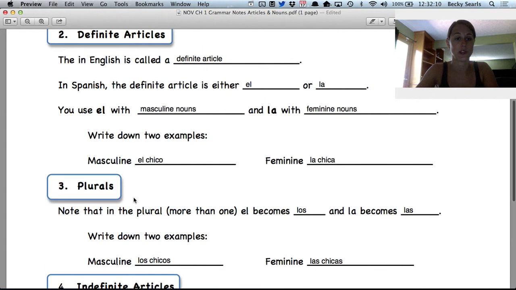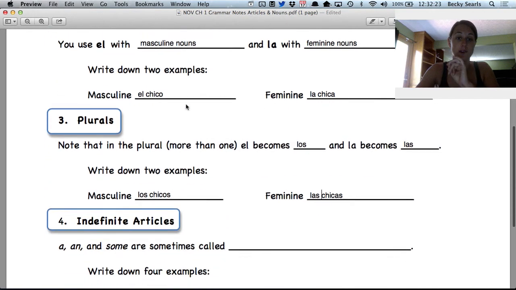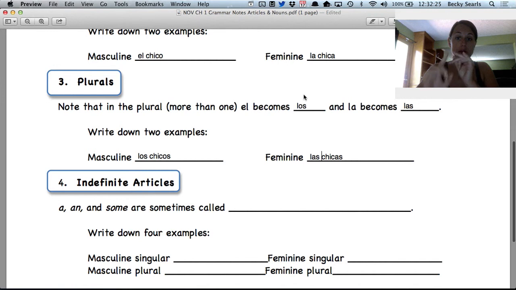So to review quickly with articles, when you're talking about something definite, you're saying the boy, the girl. You use el for masculine nouns and la for feminine nouns. Then if you have a plural group, el will become los chicos, for example, and la will become las chicas.